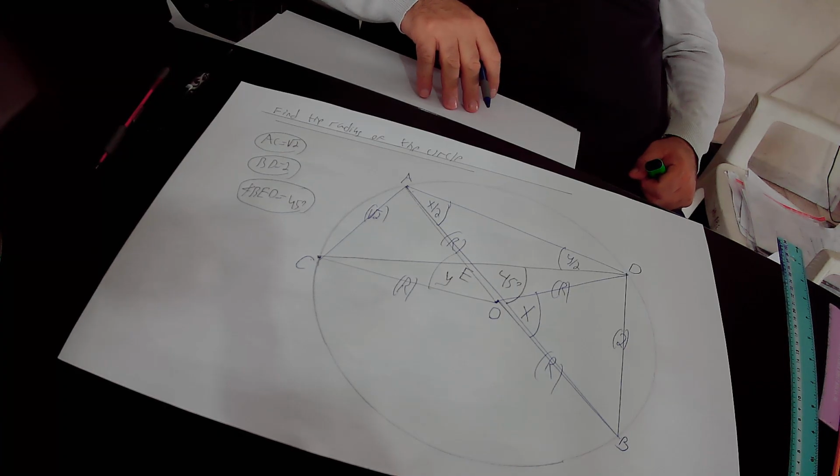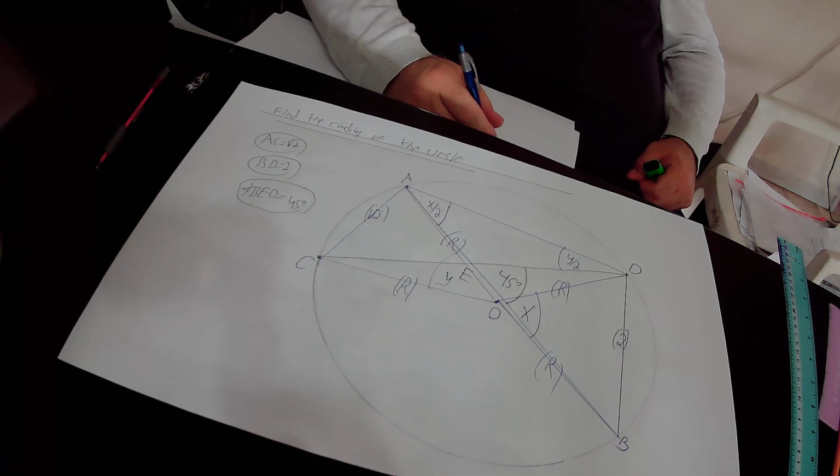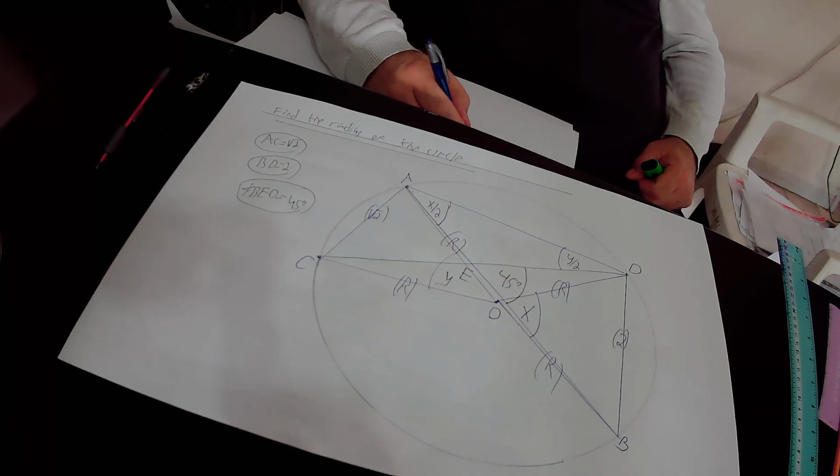So write it down. We know that BD is not the diameter of the circle.